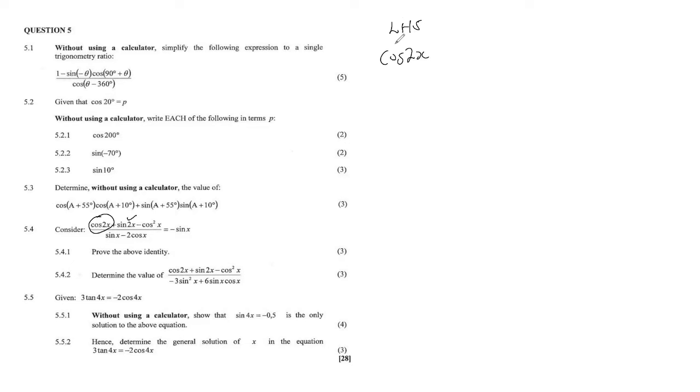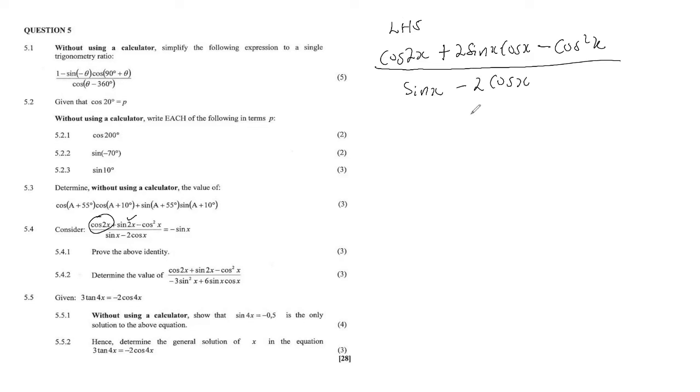But then this one can only be broken down to 2 sine x and then cos x. So let's just deal away with that. Minus cos squared x and then over, right here we have sine x and then minus 2 cos x, right? So what can we do to solve this one?